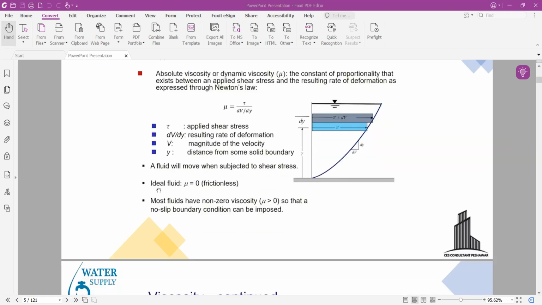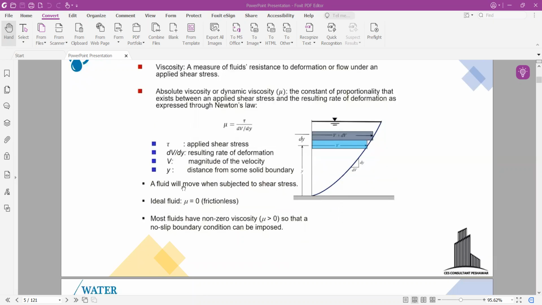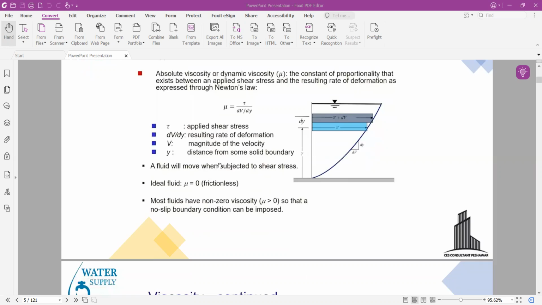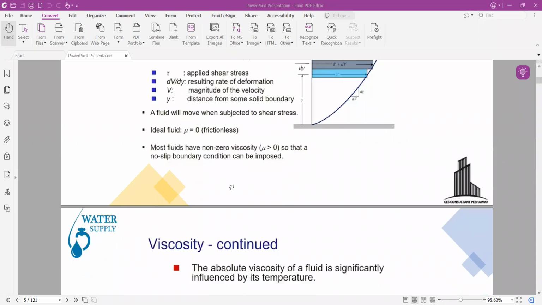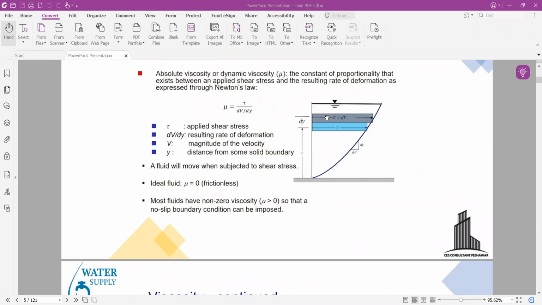Mostly in ideal fluid, we take the dynamic viscosity, or the absolute viscosity, as zero. A fluid will move when it's subject to shear stress, as I mentioned earlier. So most fluids have non-zero viscosity, so that the no slip condition can be imposed. Here we are considering water for the water supply design.